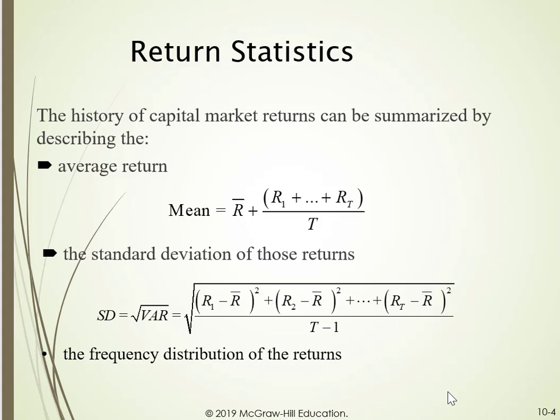That gives us the mean. And of course, the standard deviation is a statistical measure of the frequency or the dispersion of those rates of returns. And of course, these are the arithmetic returns for calculating or looking at actual historical data.